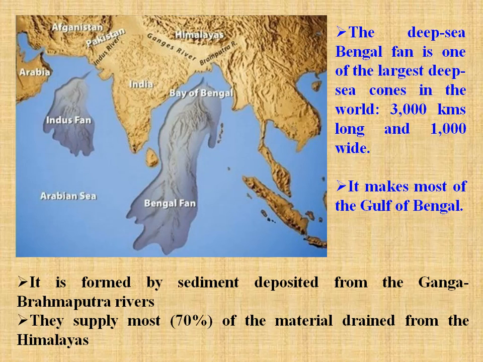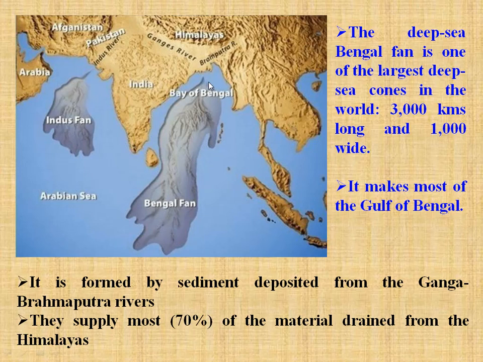Like the Ganga and Brahmaputra, they bring a lot of sediments, and these sediments get deposited in the Bay of Bengal. The sediments brought by Ganga and Brahmaputra are carried almost 3,000 kilometers from their source, and if we look below the water of the Indian Ocean, the sediments are deposited in the form of such a large deltaic deposit.